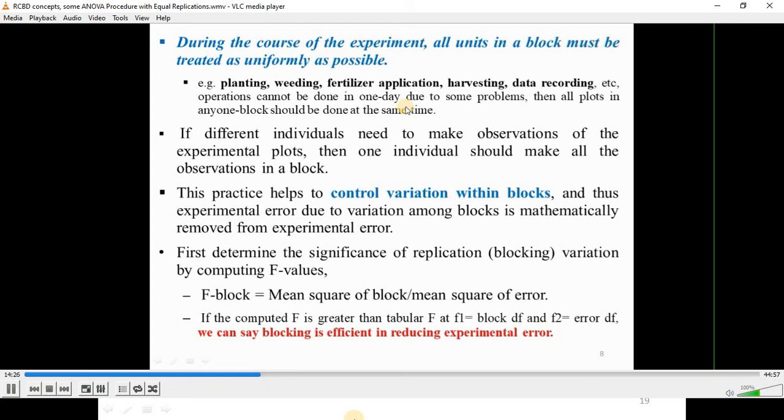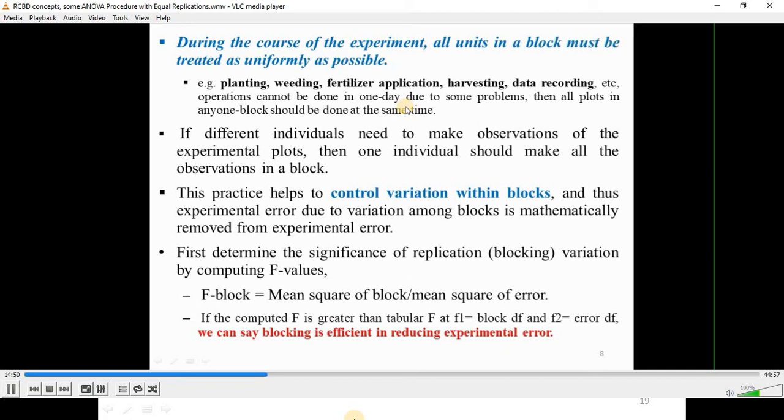Every management activity should be finished at a time in one block. Every activity, either planting or weeding or fertilizer application, should be applied on the same day, at the same time in a block.